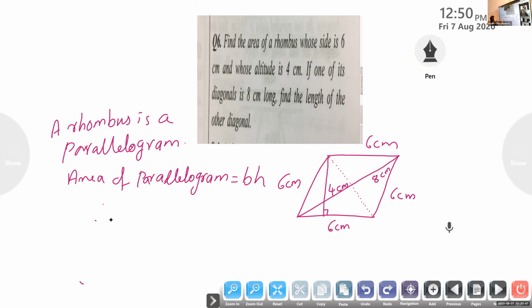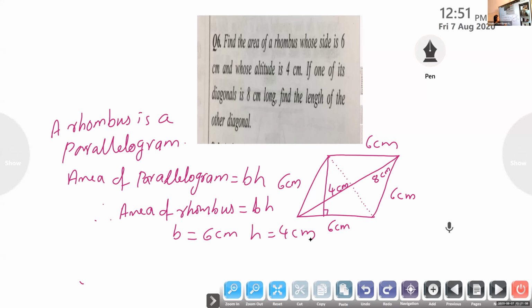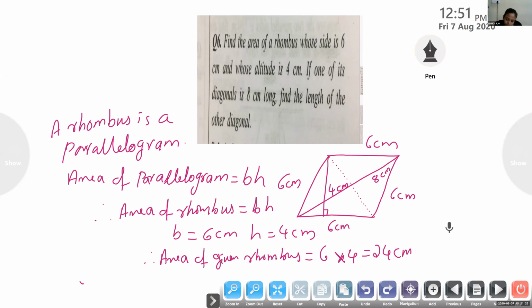Therefore, area of rhombus also we can use the formula BH. B equal to 6 centimeter, H equal to 4 centimeter. So, therefore, area of given rhombus is 24 centimeter square.